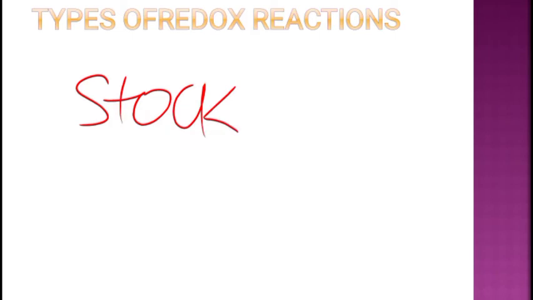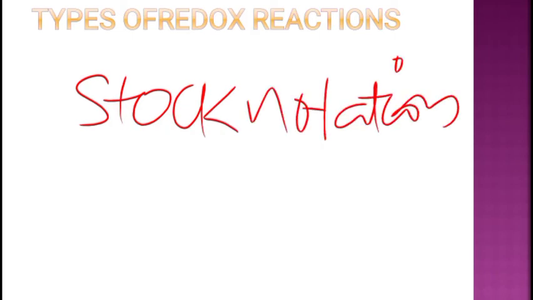And one more thing is there, that is stock notation. What do you mean by stock notation? Some metals have the ability to show different oxidation states, such as iron, copper, and so on. Iron will show the oxidation state +2 and +3 in different compounds.